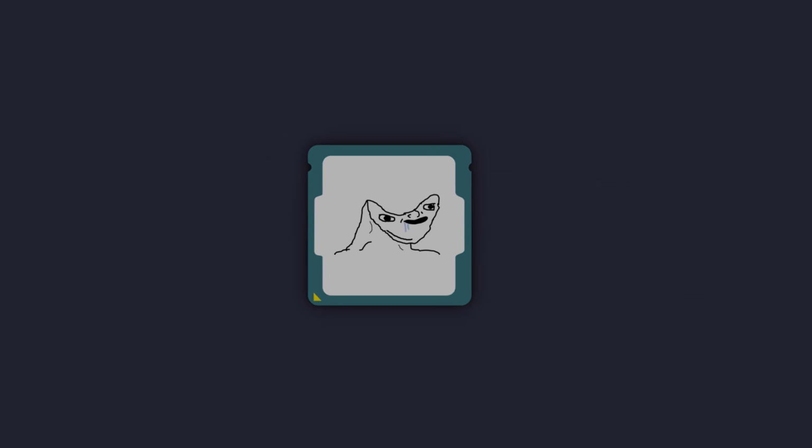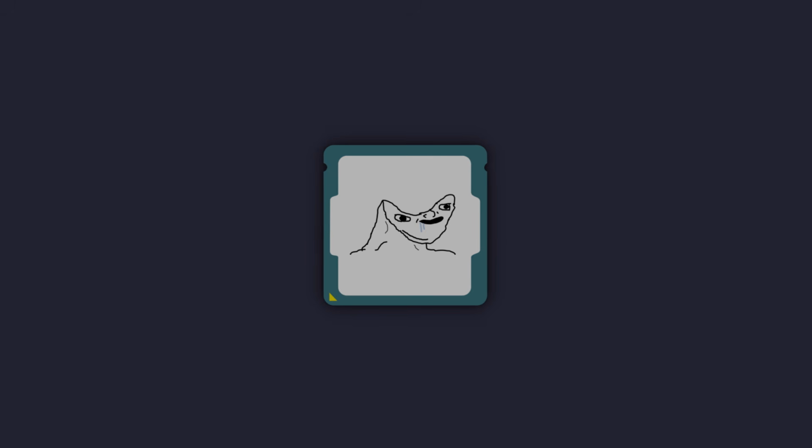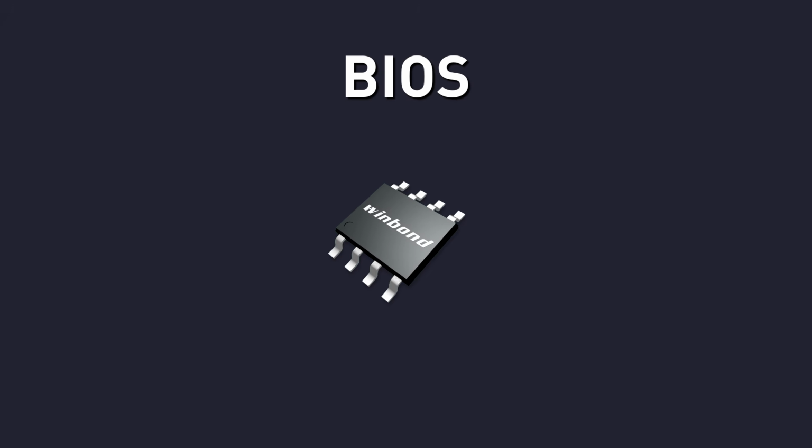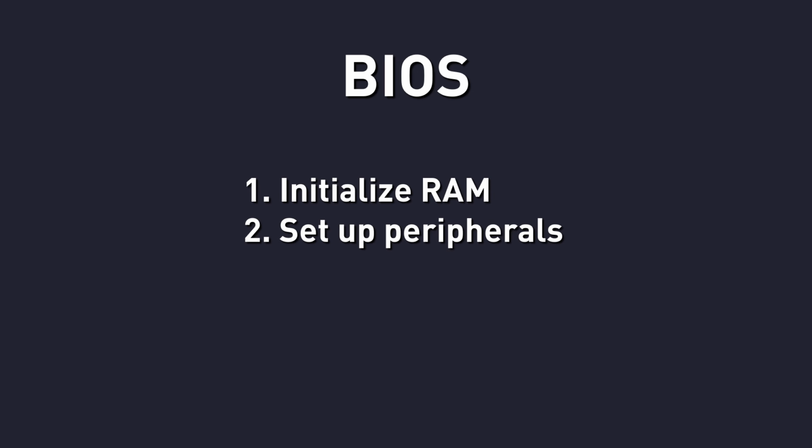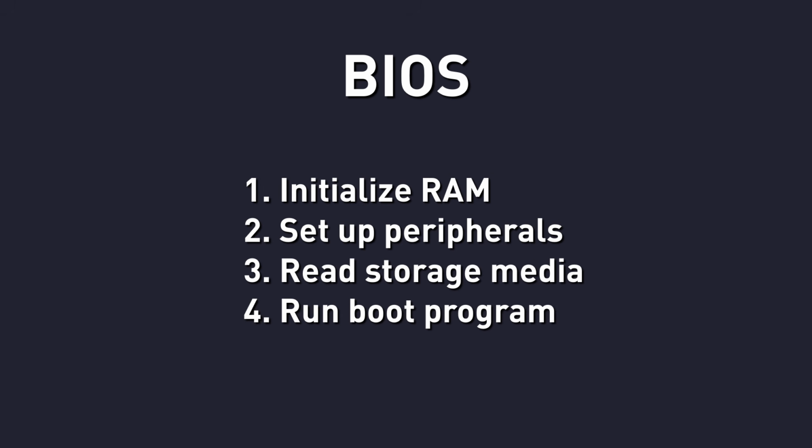A CPU needs to be explicitly babied into doing literally anything, and that's the job of the BIOS. Every motherboard has a little chip on it containing a very small program, which tells the processor how to initialize RAM, how to initialize PCI devices, how to access the hard drive, and finally, how to boot a real operating system. The BIOS is the very first set of instructions that a processor encounters.